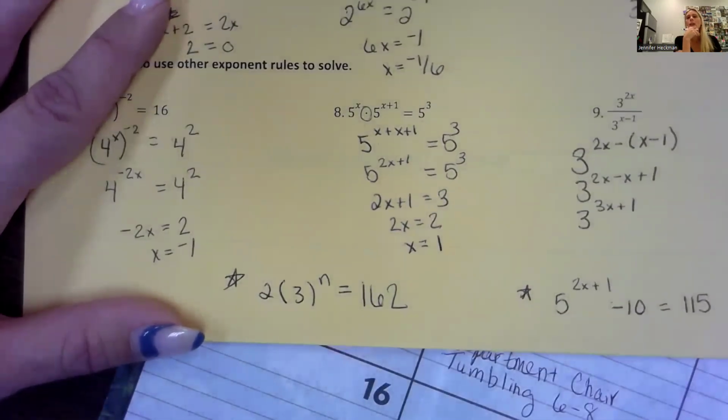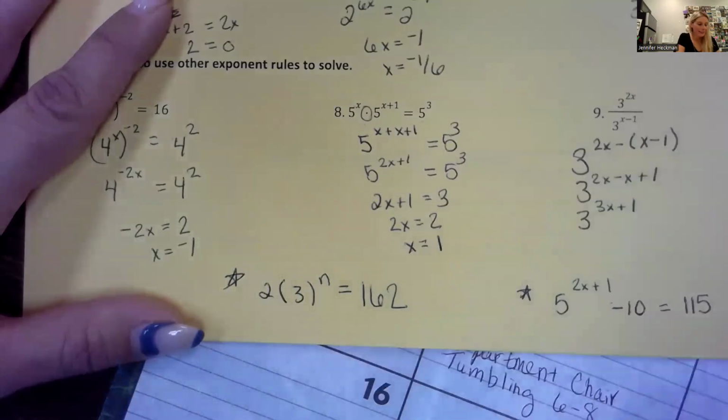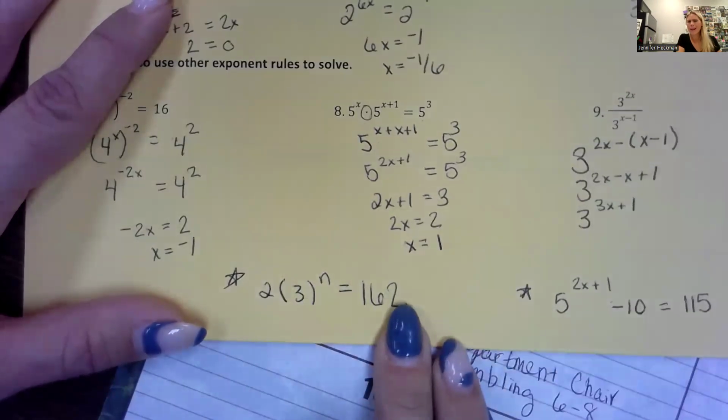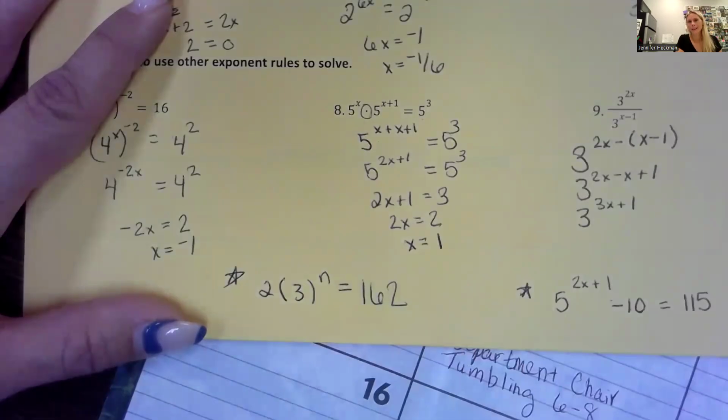So as you can see in all of the questions above, we've had a base and a base on the other side, or a number that we changed into a base, right? Well, there are some extra pieces here that we have to deal with before we change the base, because I see this base is 3. But on the calculator, if we try 3 times 3 times 3 times 3 times 3, we won't get to 162.